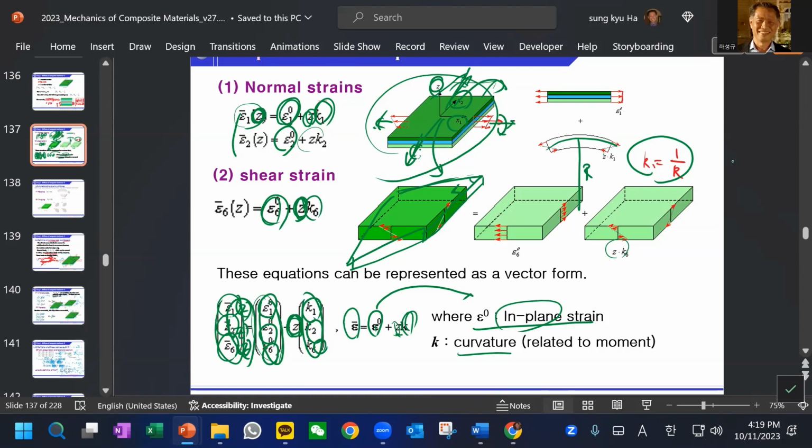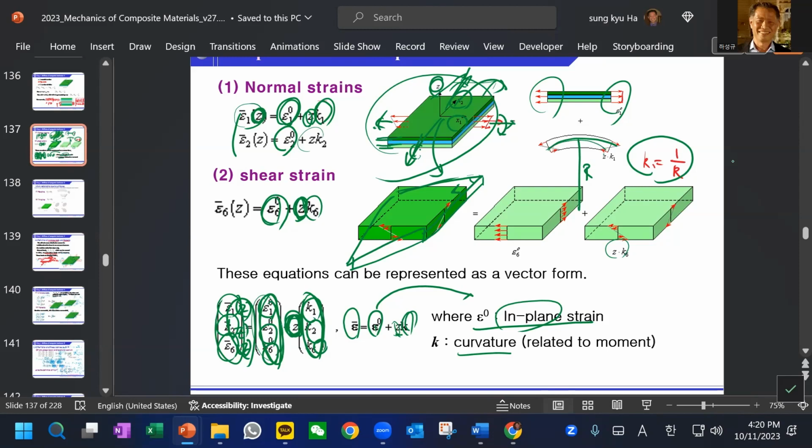Again, the most important point here is that we have many plies. No matter how many plies we have, don't worry. We have a Z coordinate here. Why only Z? Because no matter how many plies, they will deform together. In bending, same thing: no matter how many plies, they will deform like that.